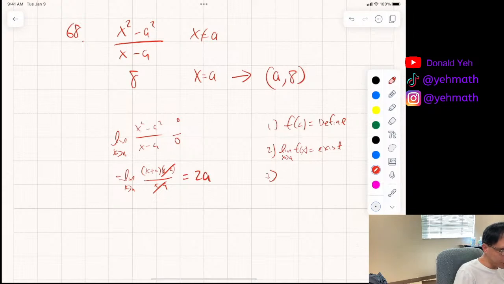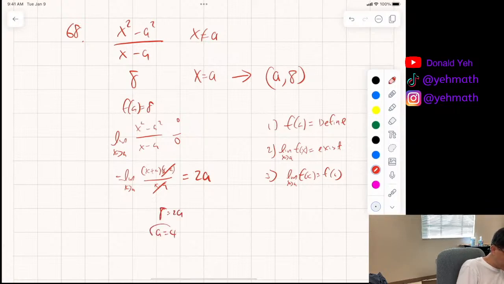But the third condition is that 1 and 2 are equal to each other. So the limit as x approaches a of f(x) equals f(a). We know f(a) is equal to 8, so 8 is equal to 2a. So a must be 4.